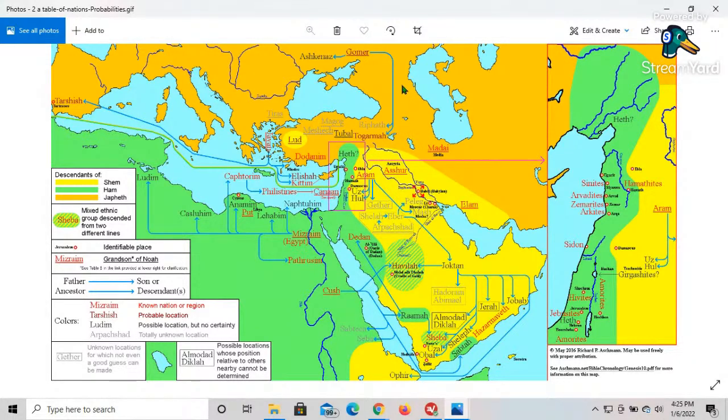Because that's what it seems, because the historical records say that the nations, the sons of Japheth, moved north. So they moved north and then spread out from there. So the Gomer went north, and Ashkenaz went into Europe. Of course, Tubal. Here's Tubal.